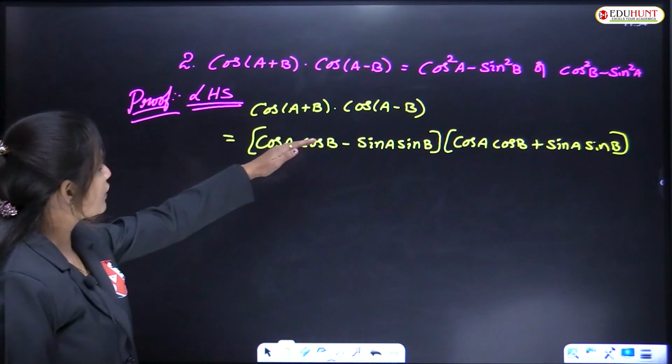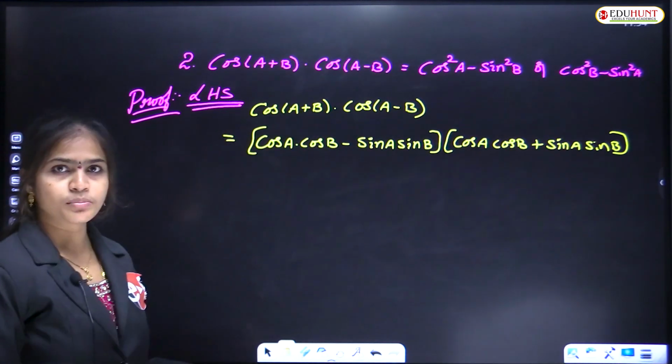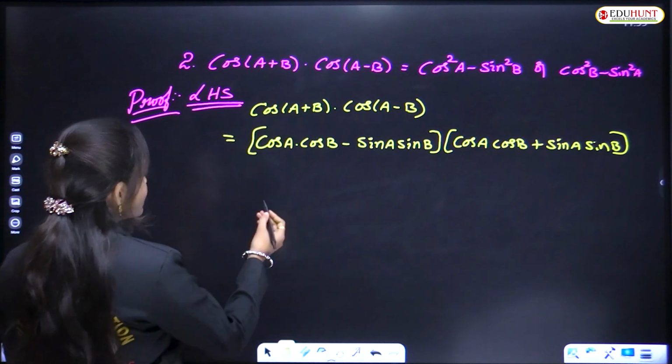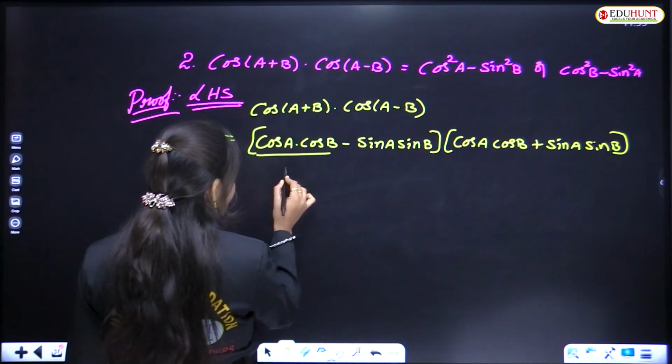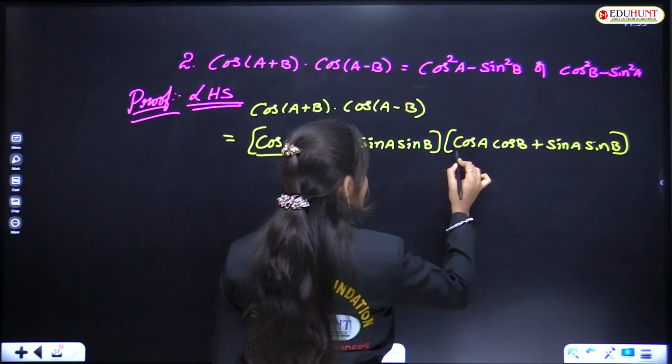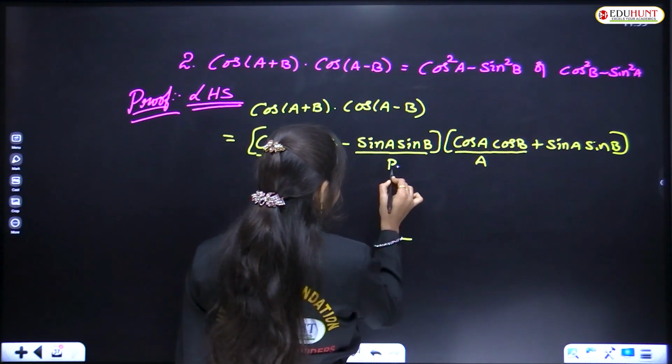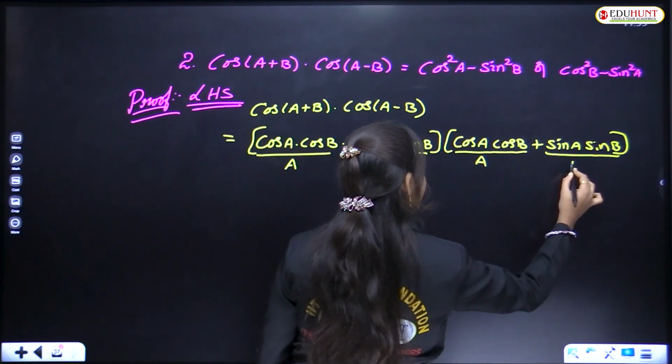Okay, cos of A plus B and cos of A minus B formulas we have written. Now here we have to simplify. So just take cos A cos B as A. Here also cos A cos B as A, and sin A sin B as B. Here also sin A sin B as B.